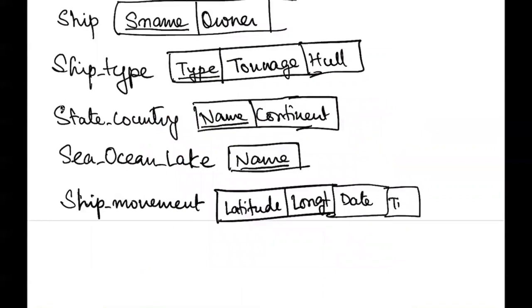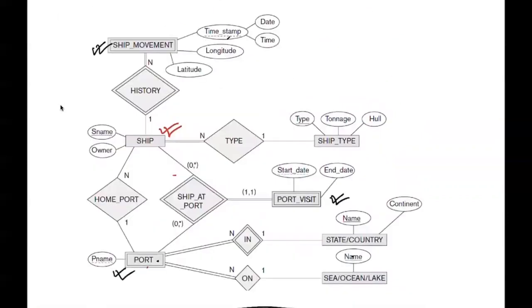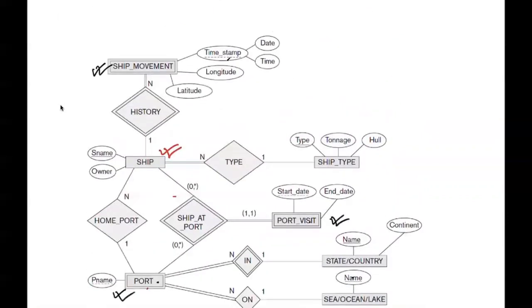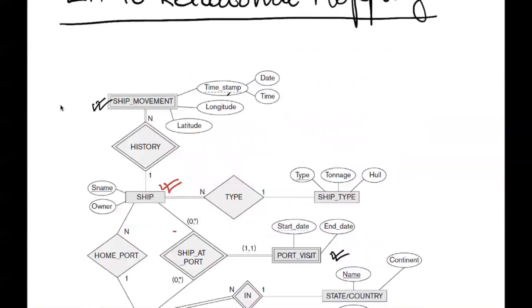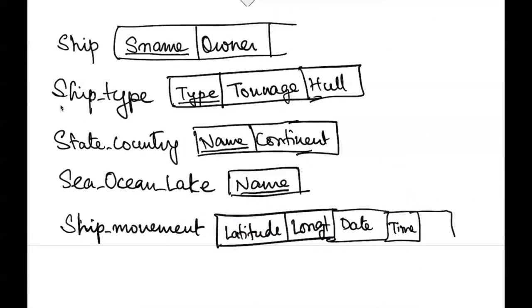Now, since ship movement is a weak entity and it is associated with the parent entity ship, we will take the primary key of ship and put it in this new relation. The primary key of ship was S name. So we will include S name here as the foreign key. And what will be the primary key of this relation?